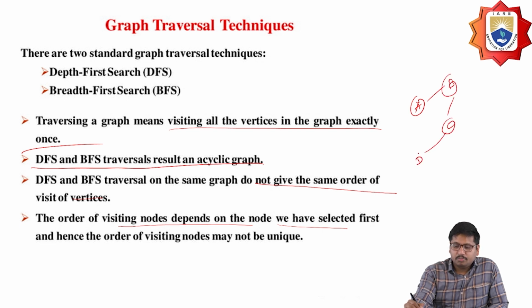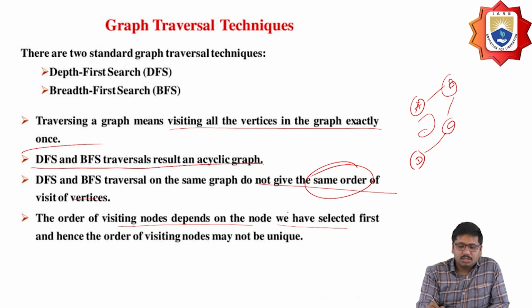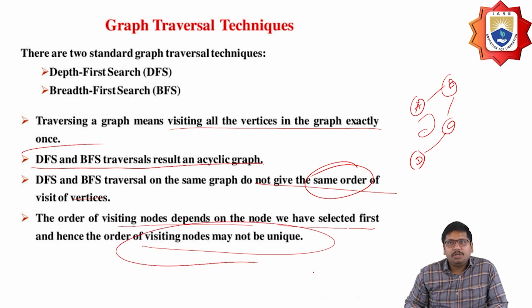So that should be called an acyclic graph. And breadth first search and depth first search on the same graph do not give the same order of the vertices. And next, the order of visiting vertices depends on the node which we select first, and hence the order of visiting nodes may not be unique.